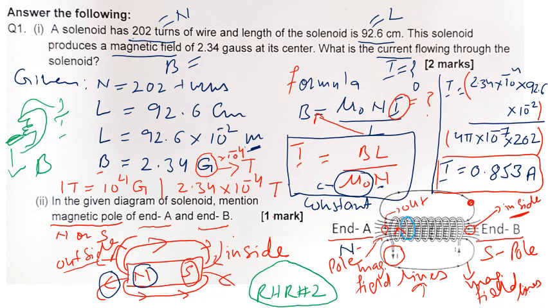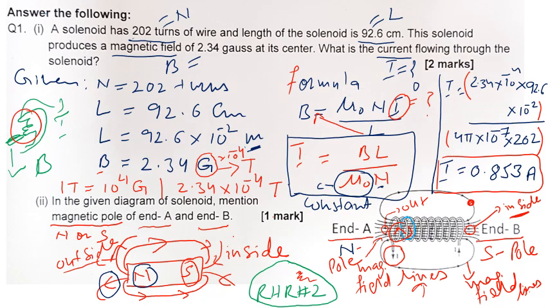So here you have to use the hand. This arrow is the direction of the current, and in hand rule 2 this is the direction of the fingers. You have to align your hand this side, with the fingers in the direction of this arrow.